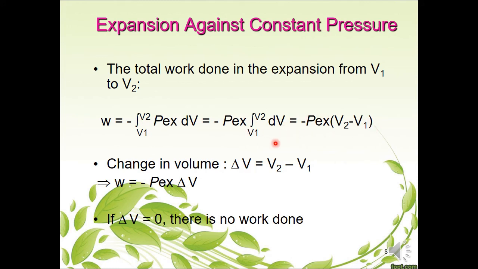So you get negative P(Ex) times volume 2 minus volume 1. If the change in volume is equivalent to 0, then 0 times any value will give you 0, so no work is done.